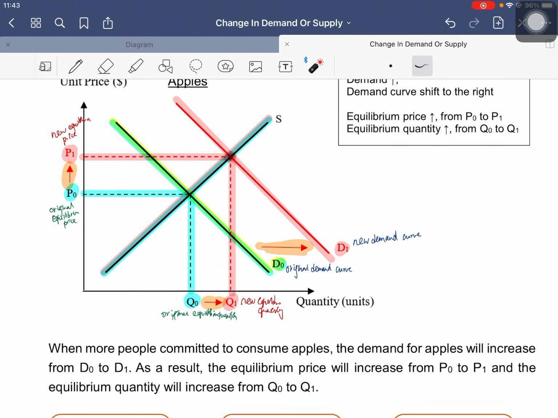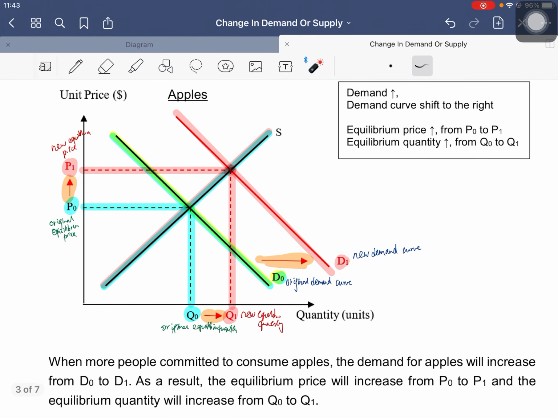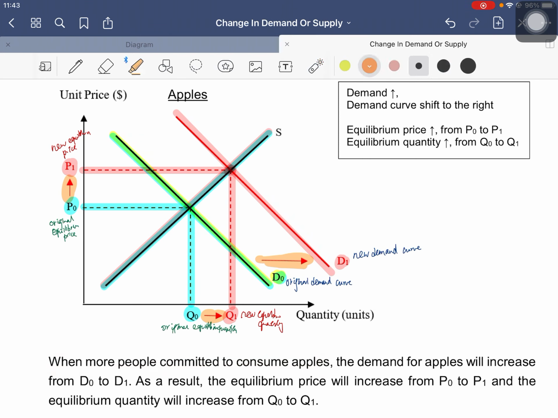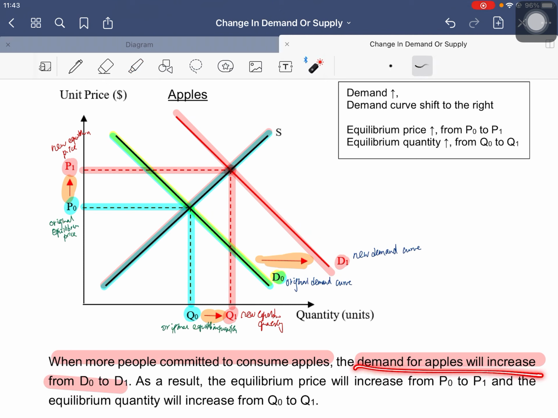After we have completed the diagram, we have to put this expression into words, okay? First we have to explain what happened. When more people are committed to consuming apples, the demand for apples will increase from D0 to D1. This part is presenting this part in the diagram.